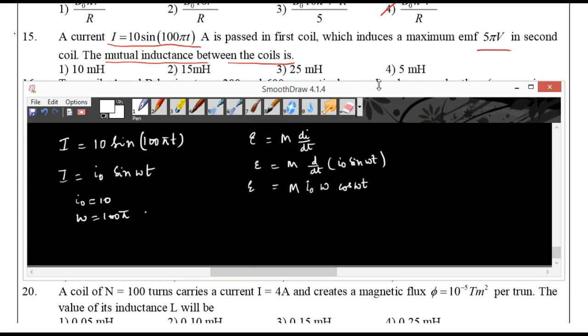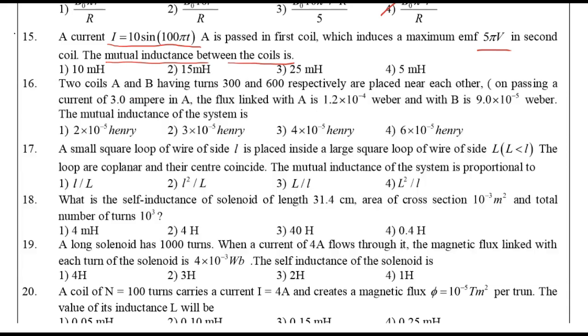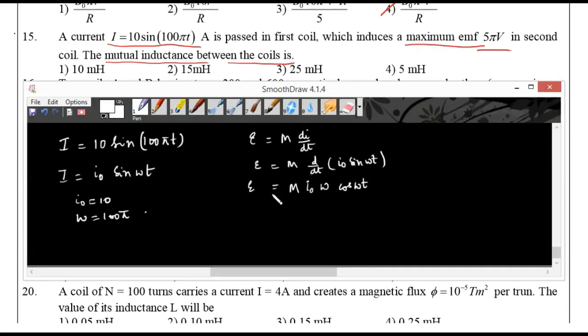This is E. Now it said maximum EMF. If this EMF has to be maximum, then cos omega t has to be maximum. Maximum value of cos is 1, so it is M into I naught into omega.